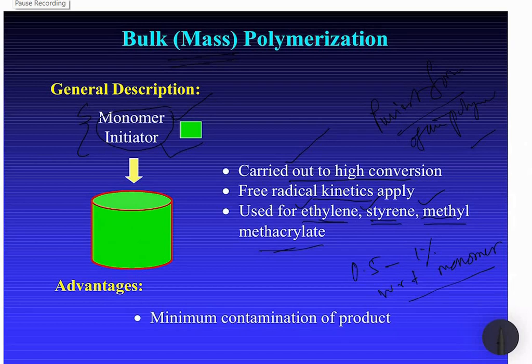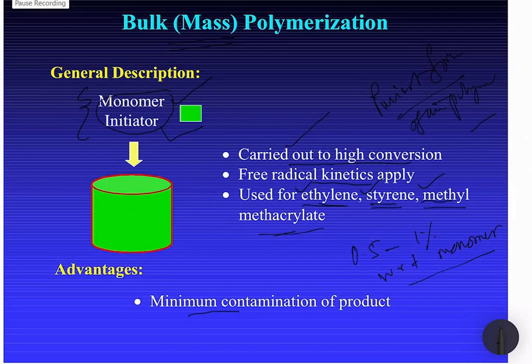Now, the advantage of this technique is that you can obtain the most pure product. That is, the purest form of the polymer can be obtained using this bulk polymerization technique, because you are only using monomer and initiator, and we know that initiator is used to the extent of say 0.5 to 1% with respect to the monomer.